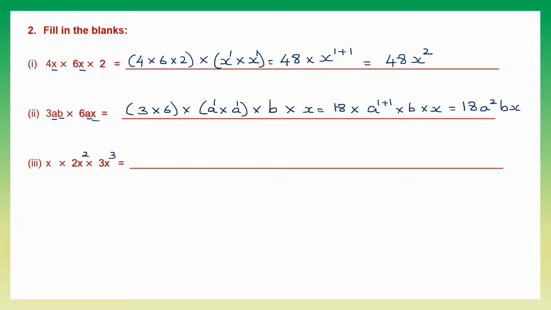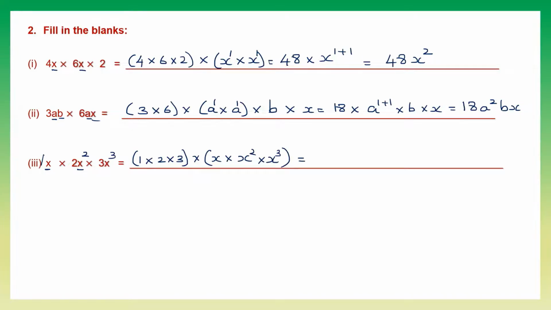x into 2x square and into 3x cubed. So here we'll write 1 here, and so let's take our numbers. 1 into 2 into 3 into, there's only x, so let's take x. So first x is here, then we have x square, then we have x cube.